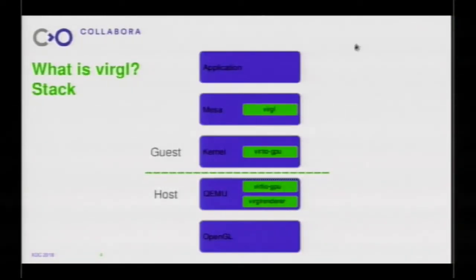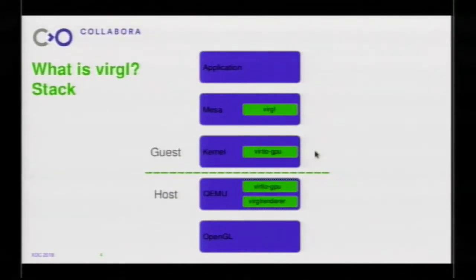This is a small diagram of virgl in general. In the guest, we have Mesa and its driver called virgl. There is a kernel part with virtual GPU. There is also the normal kernel graphics part, KMS DRM.